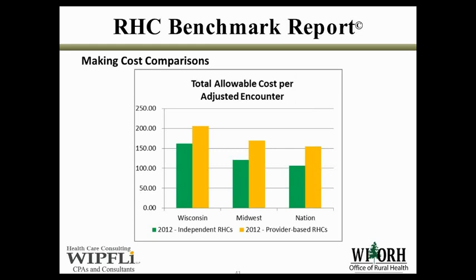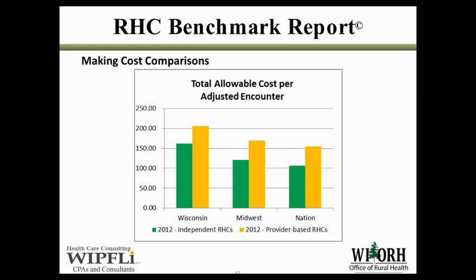You can see on the graph on the far right, we've got the national data both for independent RHCs shown in green as well as provider-based RHCs shown in gold, and that gold bar showing the average cost per encounter across the country for all of the provider-based RHCs in 2012 was just over $150 per encounter.